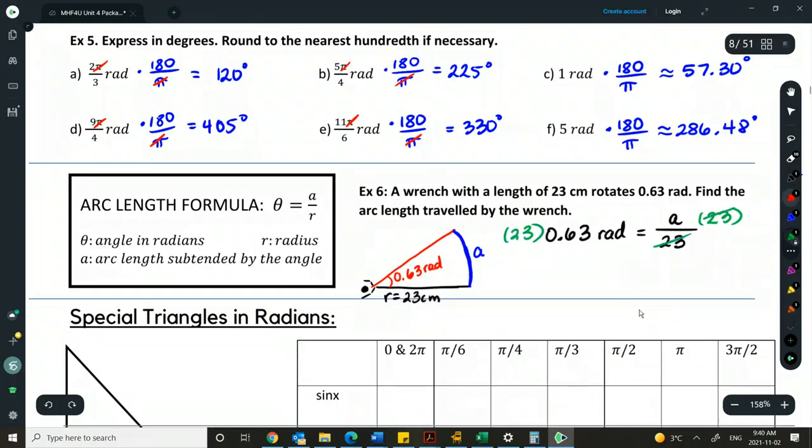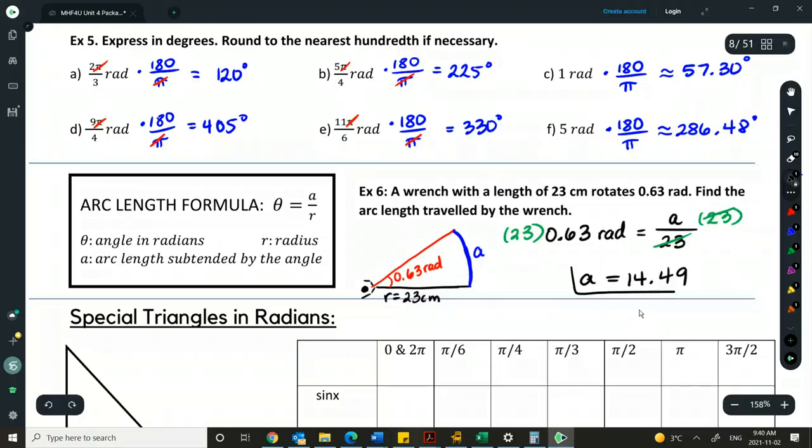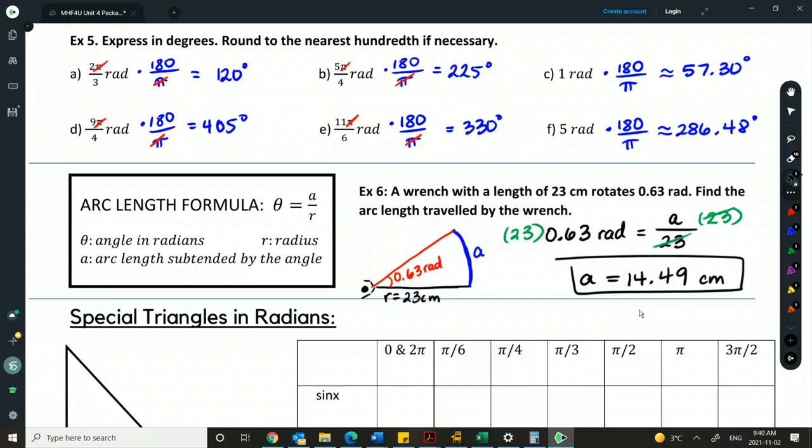These will cancel. And what do we get as our arc length? Oliver? 14.49. And because the radius was in centimeters, this will also be centimeters.